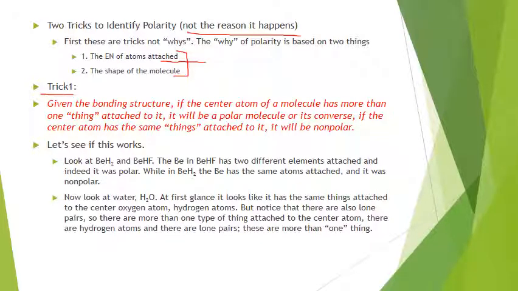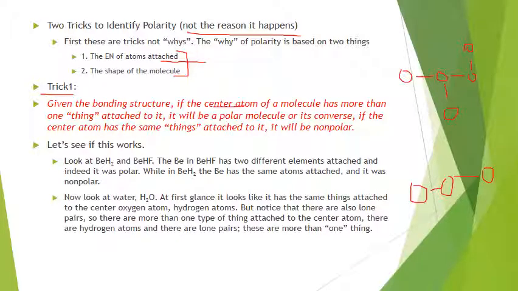Trick 1. Given the bonding structure, right now we're just going to deal with molecules that have a center atom and things attached to it. We're not going to deal with more complicated ones, like this. We're only going to deal with molecules that have a center atom with atoms and lone pairs attached.